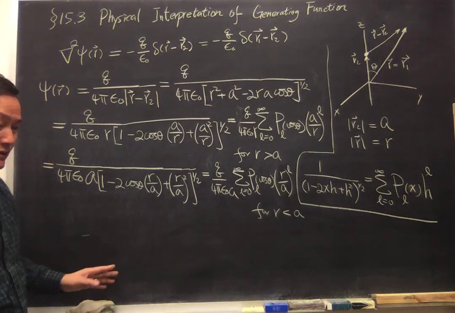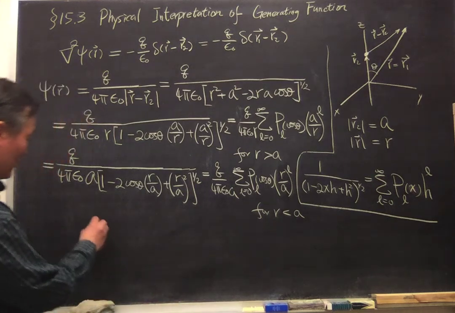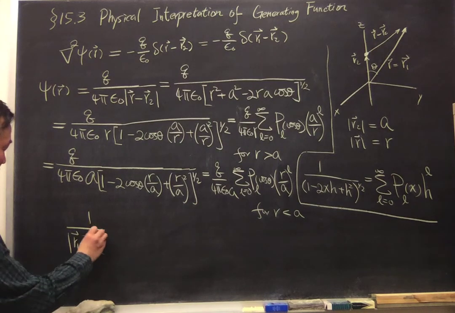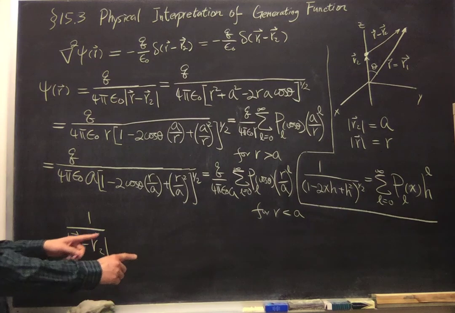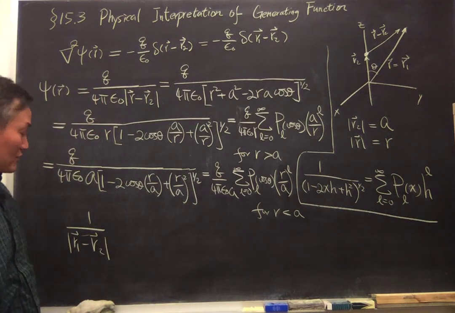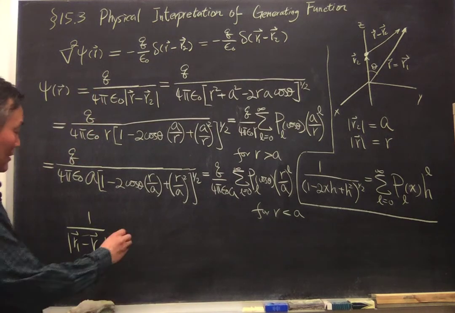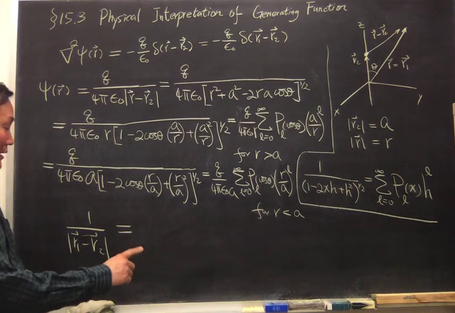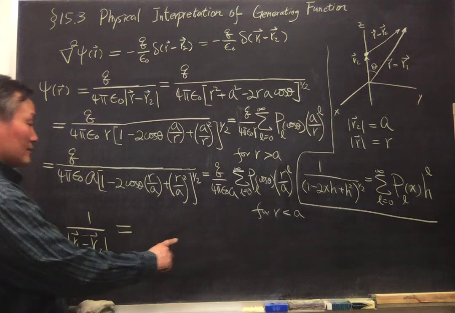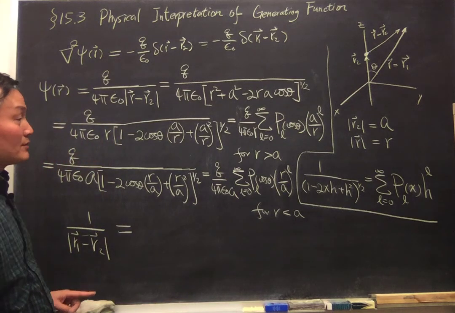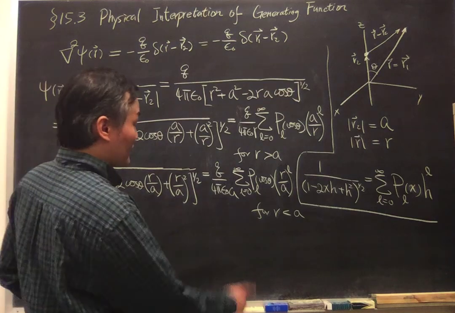So the Green function is proportional to 1 over R1 minus R2. Using these two results, we have an expression for this Green function, written using the lengths of R1 and R2 and the angle between them.